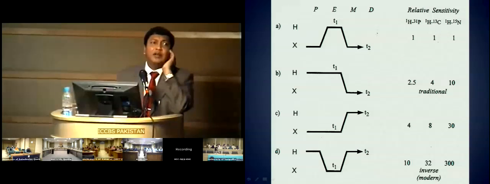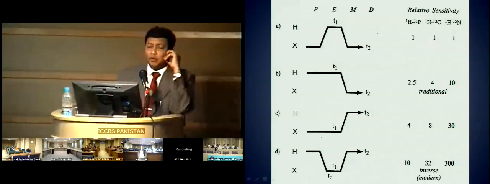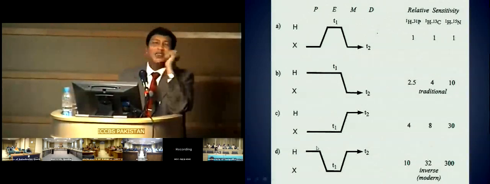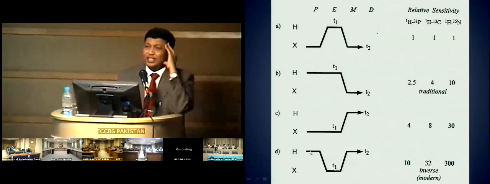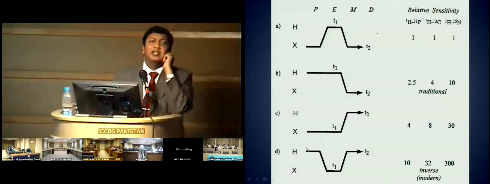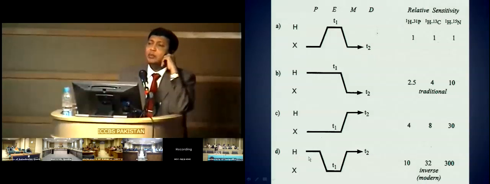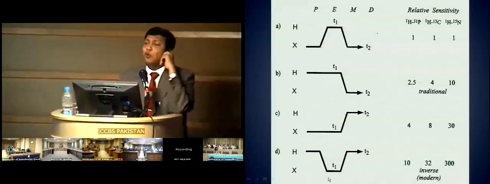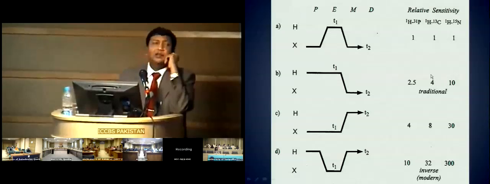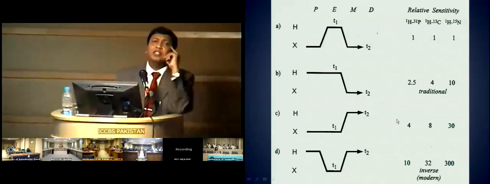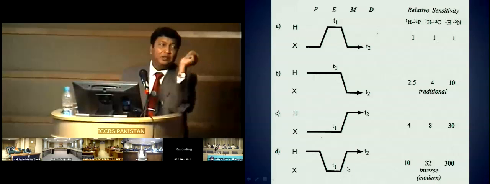Now, what is the use of having two polarization transfers? This is a beautiful question, and the answer is equally beautiful. The answer is beautiful because why do you do polarization transfer in INEPT? Because you want to make your carbon sensitive, right? So when carbon becomes sensitive, when there is a fourfold increase in the intensity of a carbon polarization population difference, then it is more useful to give it back to the proton.